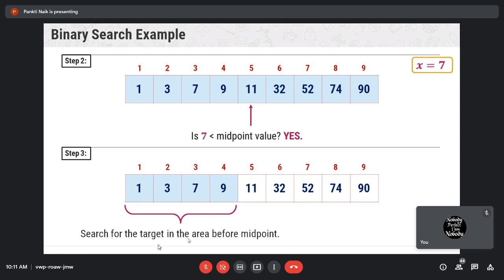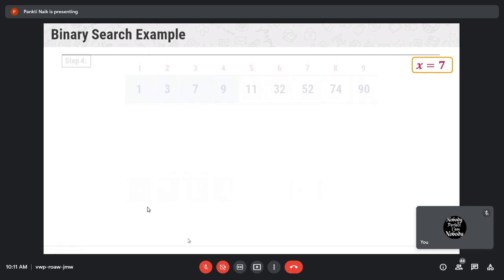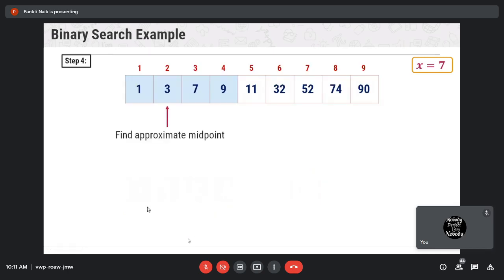Now again repeat the same procedure, because we use the divide and conquer strategy, and divide and conquer uses the recursive method. After finding that our key value is in the left sublist, again divide the left sublist into two partitions.